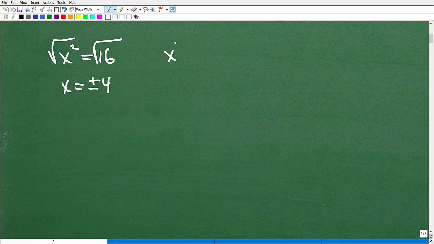But if I go and I try to solve this equation, x squared is equal to negative 16, well, I run into problems. If I take the square root of both sides, if you go into your calculator and you try to find the square root of negative 16, your calculator is going to give you some crazy error message, unless your calculator is more advanced and it's in complex number mode.